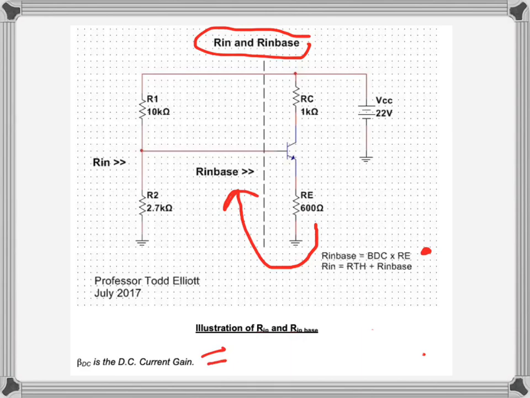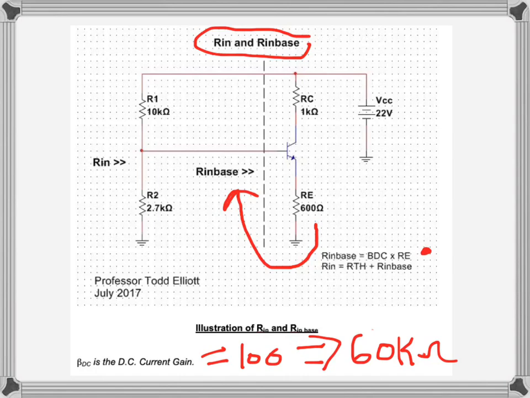So let's just say the current gain is 100, and we multiply it by RE, so that then gives us the value of beta DC times RE, or simply Rin base, of 60 k ohms. So the 600 ohm emitter resistor looks like 60 k ohms from the perspective of the base.